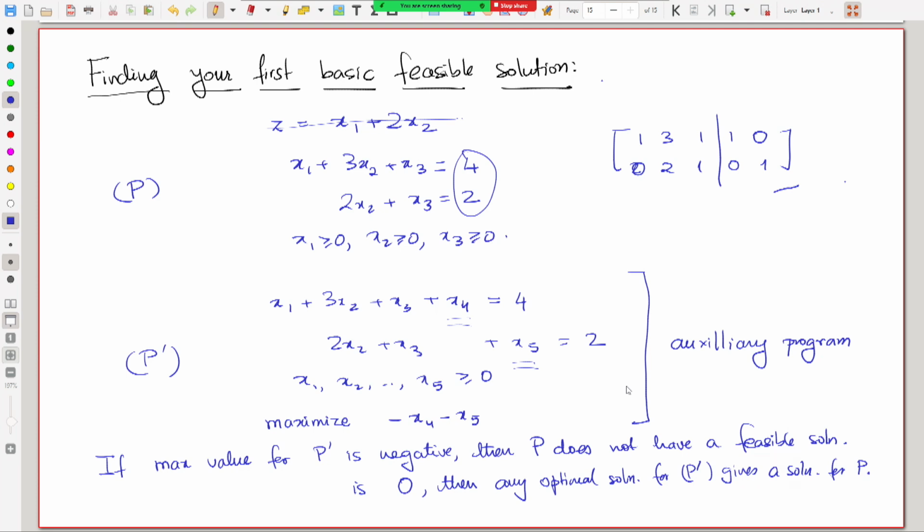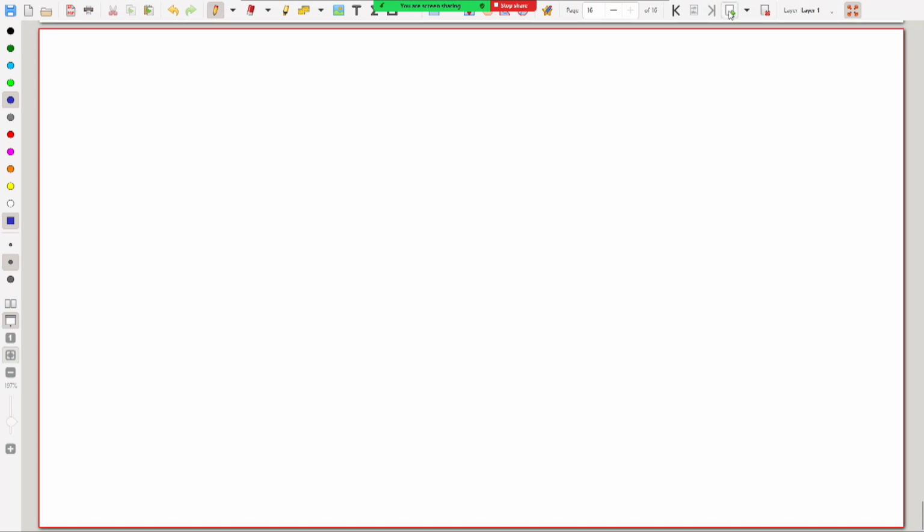Okay, so one of the most amazing things about linear programming is something called the duality theorem. This is something which is a little subtle, so let me just start with an example and we will see how this works.